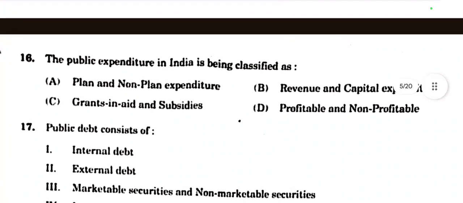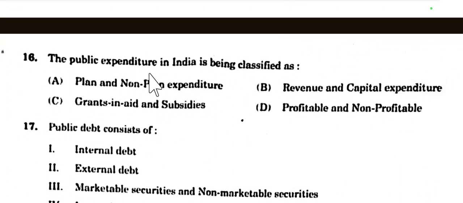Then question number 16. The public expenditure in India is being classified as plan, non-plan, revenue, capital, grant in aid, subsidy, profitable or non-profitable. Earlier there was plan and non-plan expenditure, but now it is not in public expenditure.